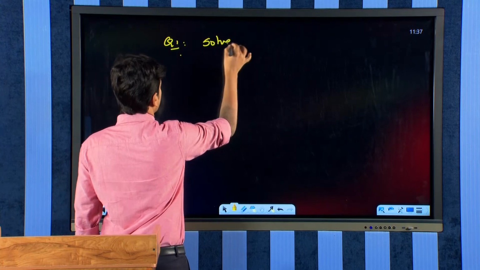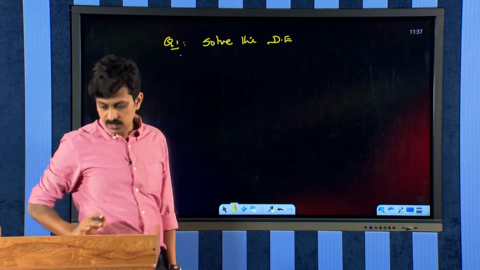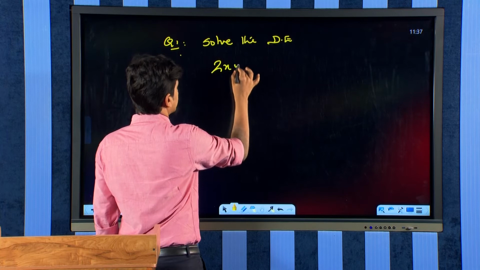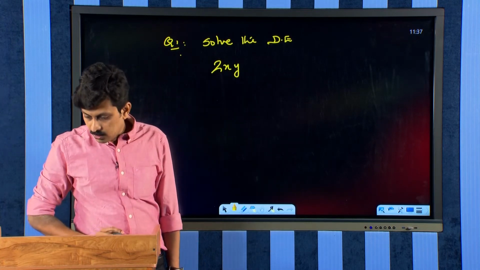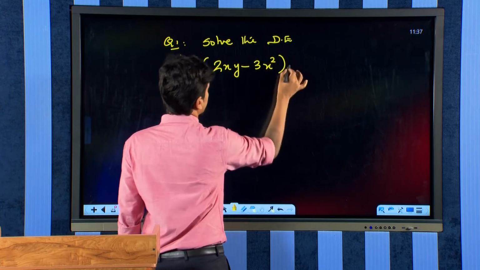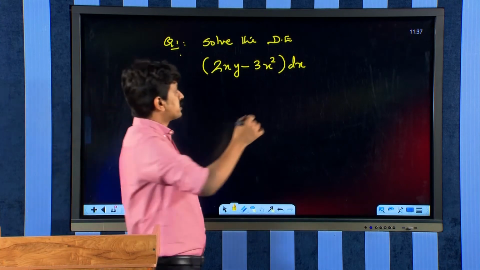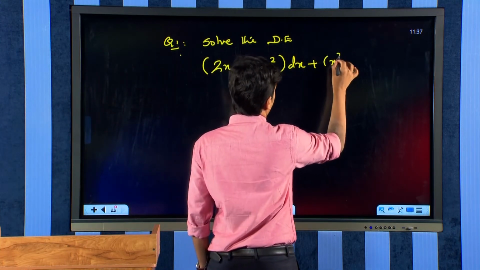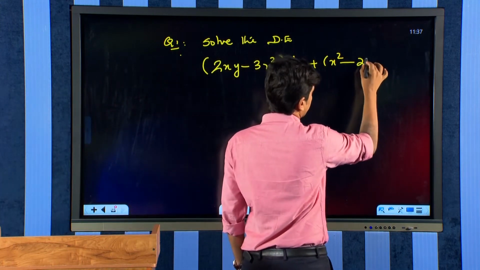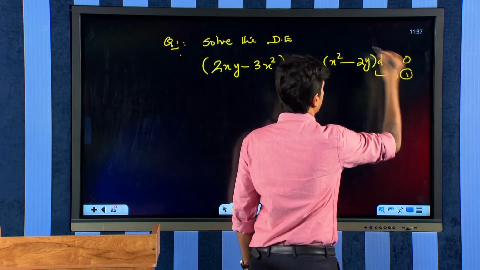Solve the differential equation, or find the general solution of the differential equation (2xy minus 3x square) dx plus (x square minus 2y) dy is equal to 0. This is equation number 1.